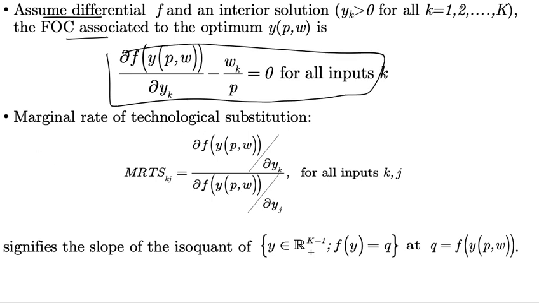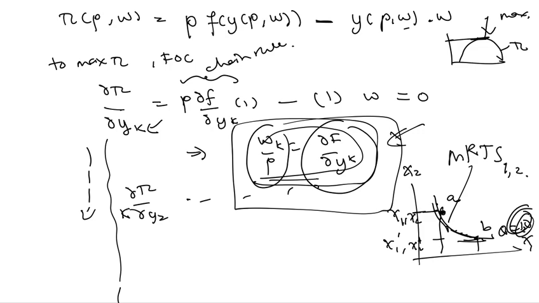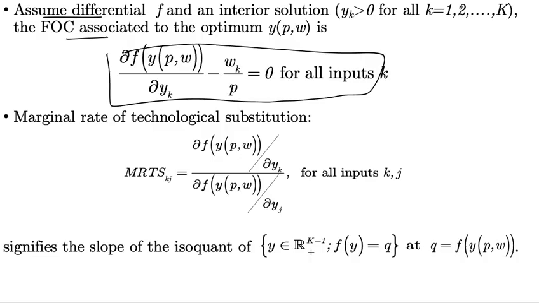I've shown you in the form of a graph just now, but mathematically speaking, the MRTS is how much the change in output is due to the change in input x1, for instance, relative to how much the change in output is due to the change in input x2.